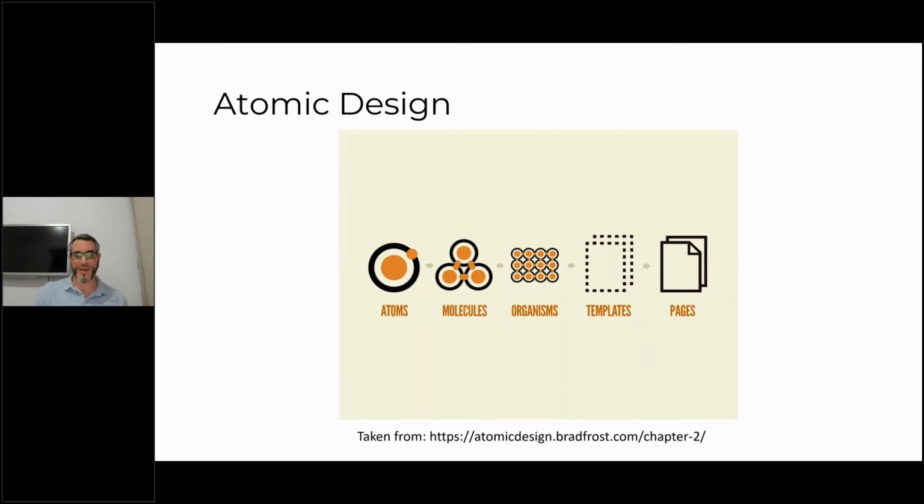Take some chemistry knowledge and talk with both developers and designers in that same common language. We have 5 different moving parts in atomic design, which are atoms, molecules, organisms, templates, and pages. So let's drill down and understand each and every part of atomic design.